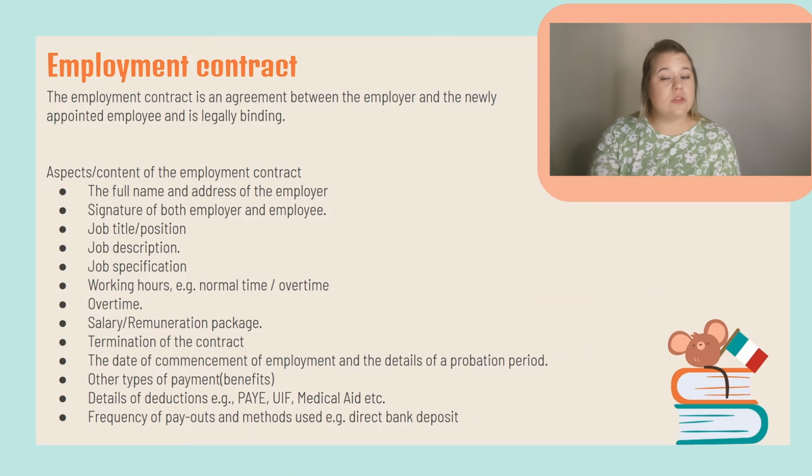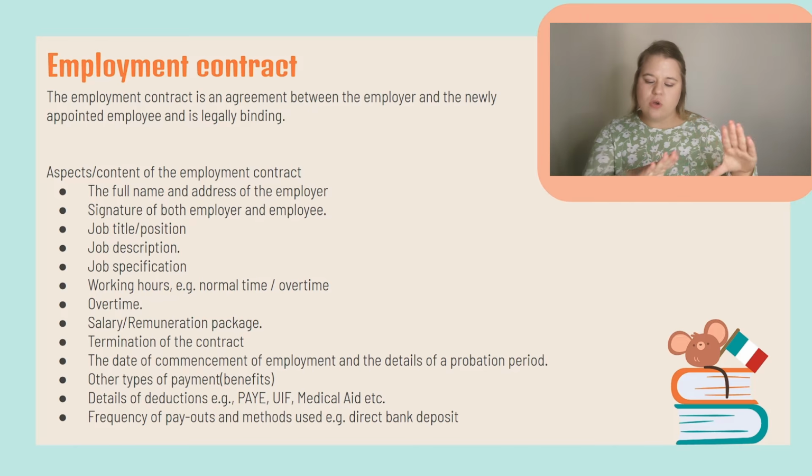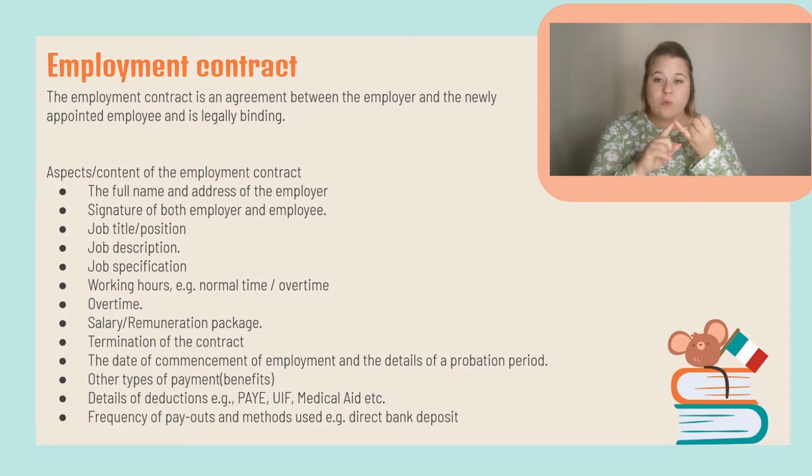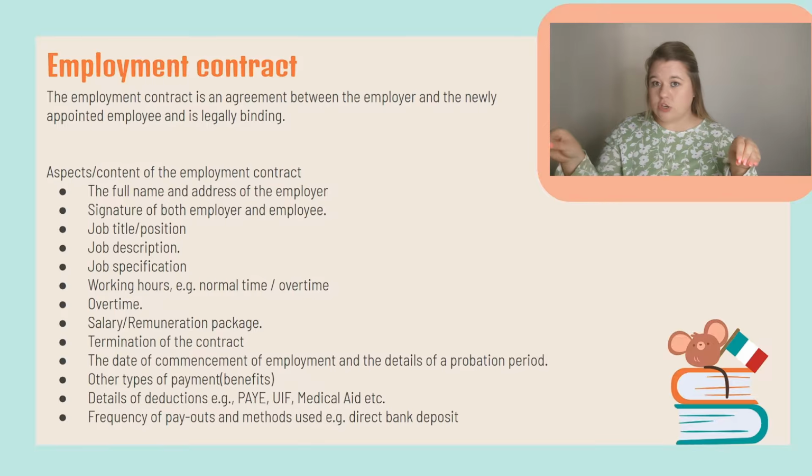Then we're moving on to the employment contract. When we go back a little bit, we did our recruiting, which means we saw that there's a vacancy, a gap, in our business. We made our posters and flyers, and advertised them either internally or externally.